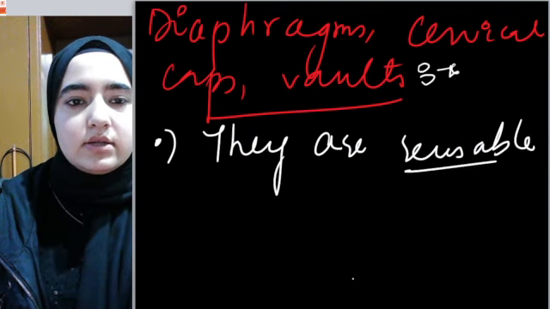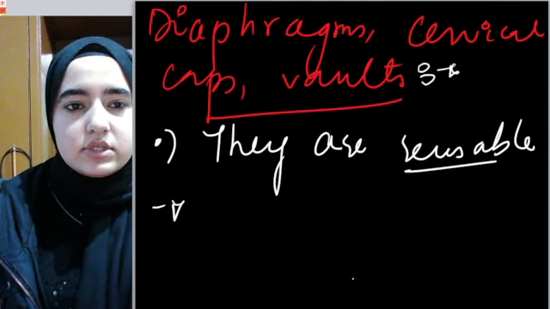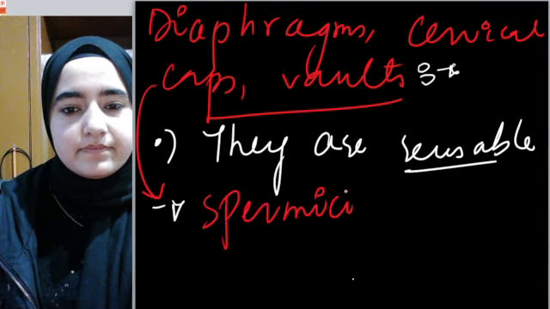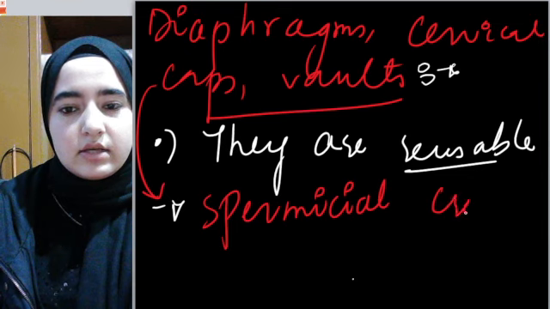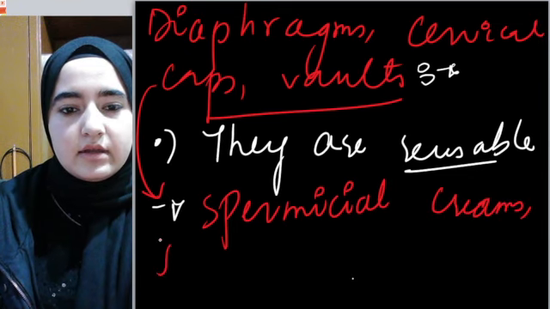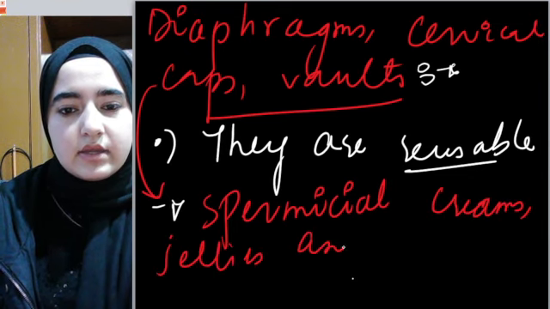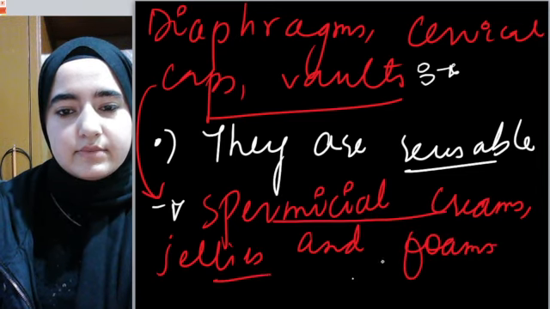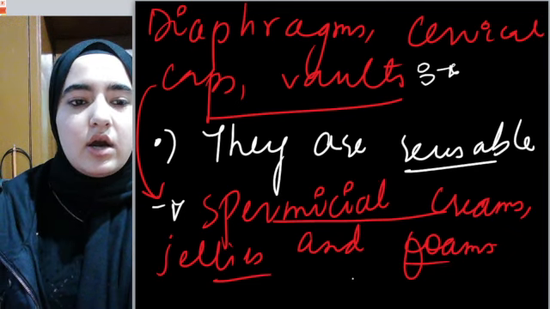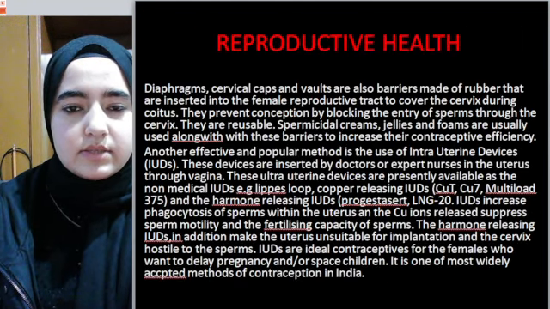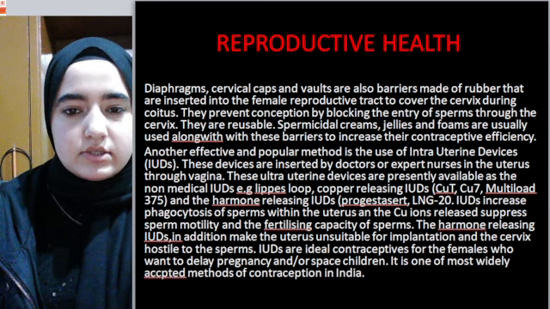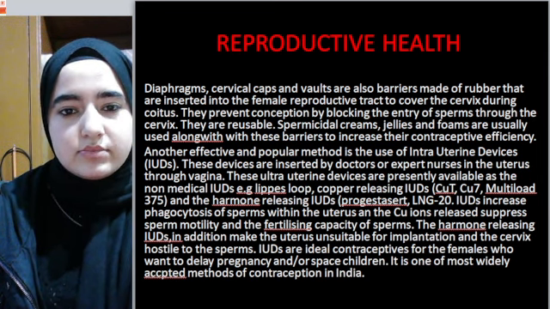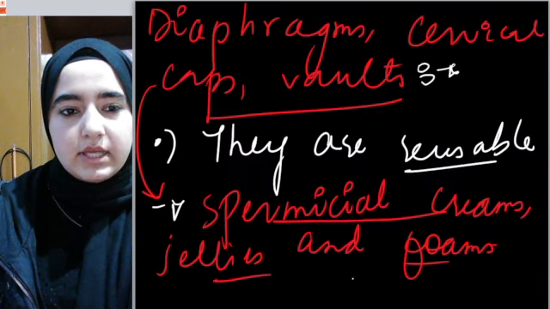Along with these barriers, we can use spermicidal creams, jellies, and foams in order to avoid conception. They prevent conception. I hope this concept of barrier methods is clear.